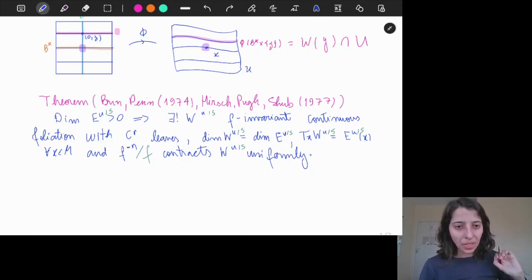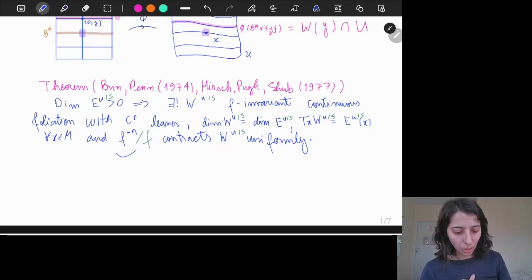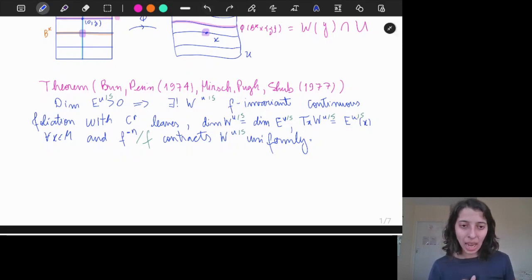These leaves have this distribution as the tangent directions at each point. And for each point, the leaf that contains it is uniformly contracted by the inverse dynamics. And if we are looking at the stable directions, they are uniformly contracted by the forward dynamics.